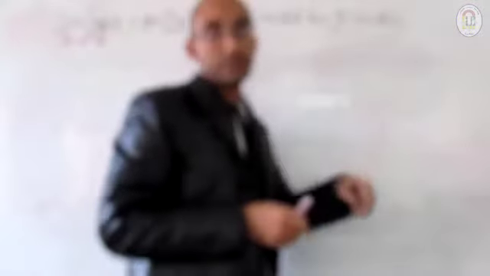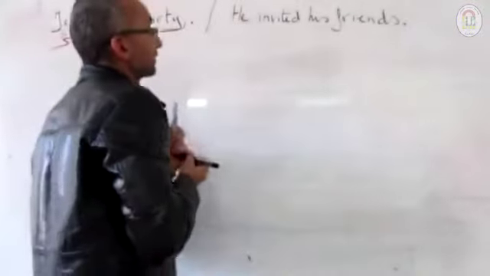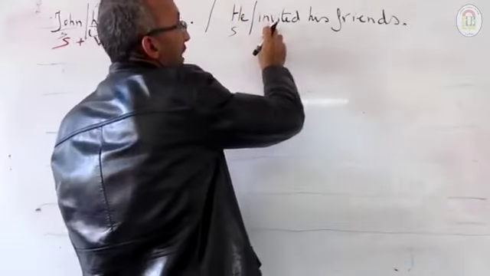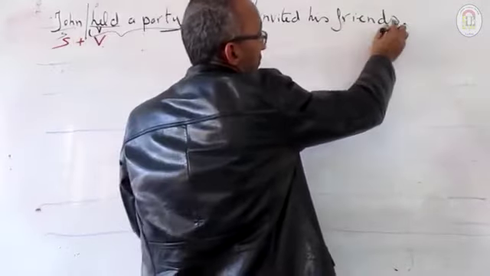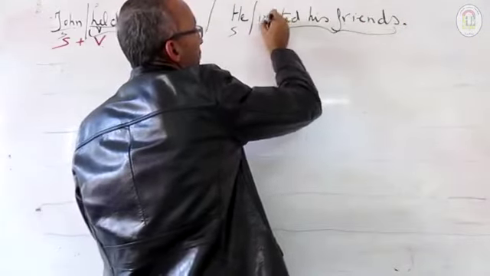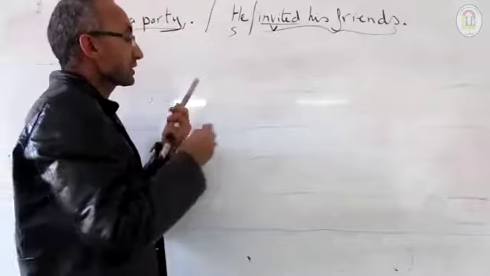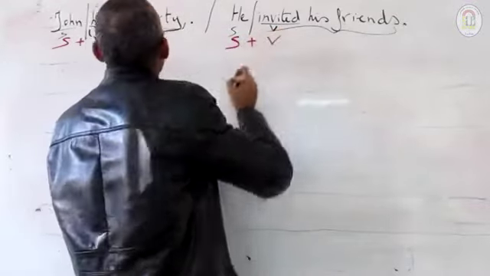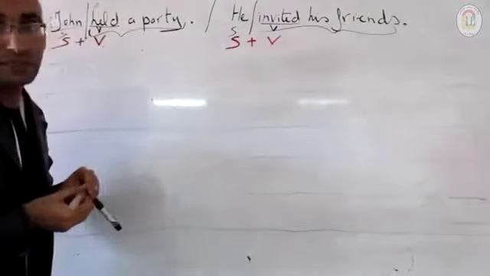Good. Second one also: he invited his friends. I have he as my simple subject, and I have invited his friends, only one predicate, which contains only one verb, which is invite. It also contains one subject plus one verb. So both of them are what?